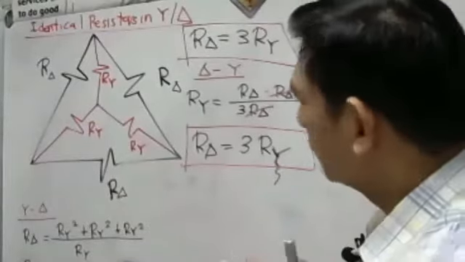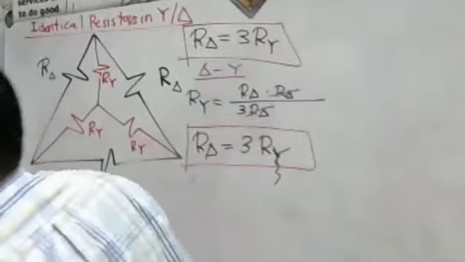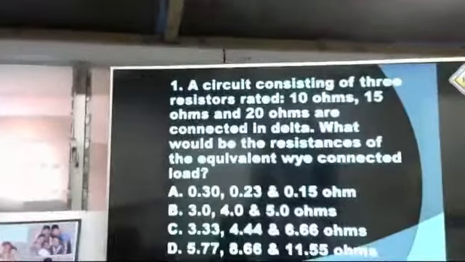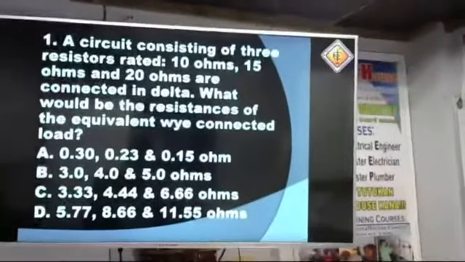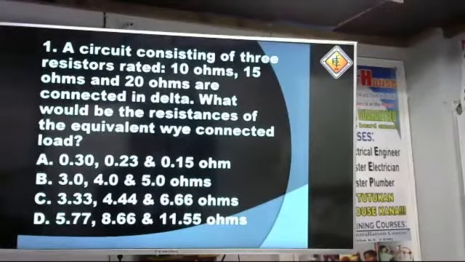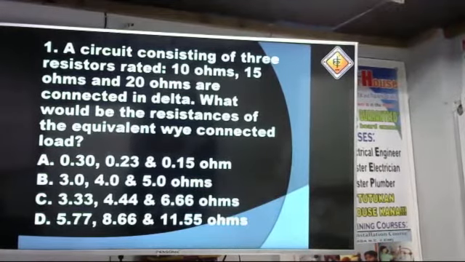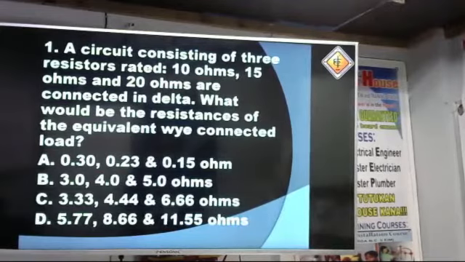Okay? So, let us solve this problem. Problem number 1. A circuit consisting of 3 resistors rated 10, 15, and 20 ohms are connected in delta. Again, we have 10, we have 15, we have 20.